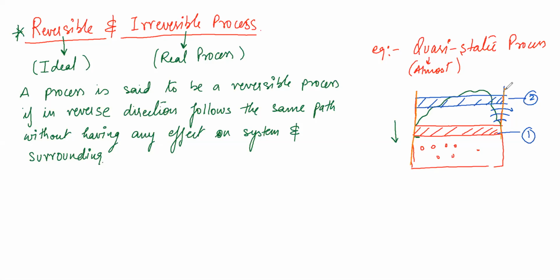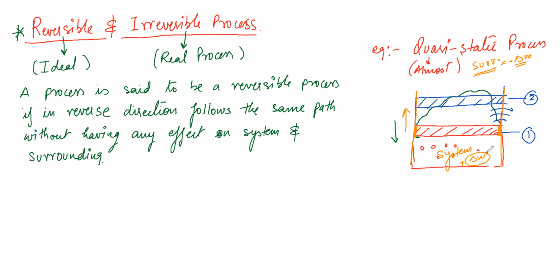Now when this piston moves in the upward direction, if this is frictionless, no friction will be generated here. Because of this movement, this piston is doing work. This is your system and this one is your surrounding, right? So the piston is exerting work on the surrounding. Suppose delta W amount of work is being done on the surrounding. Similarly, the same amount of work is done by the system, so based on that, this has a minus value and this has a plus value.